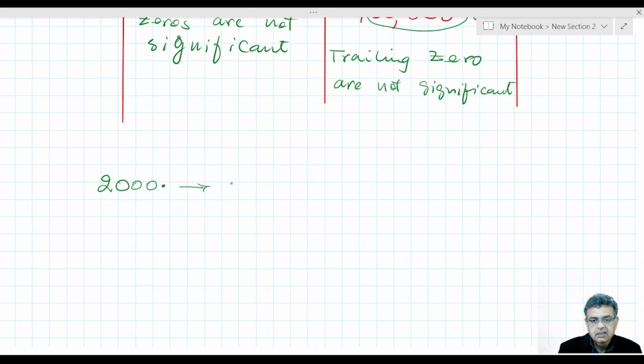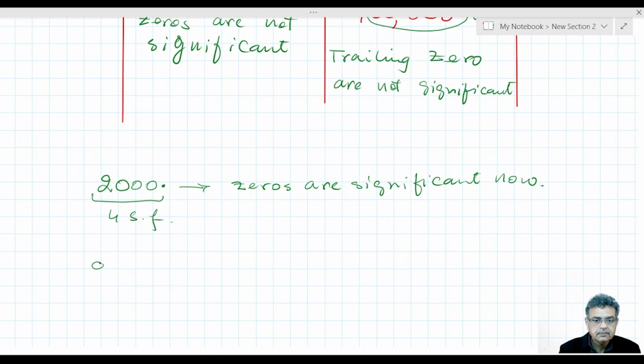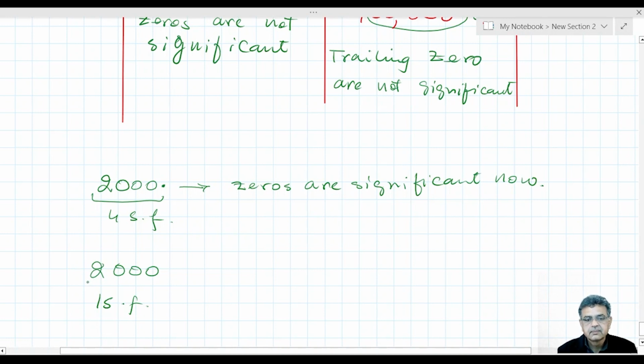Now zeros are significant now. That means this is now 4 significant figures. If it is written 2000 and there is no decimal at the end, then this is one significant figure, because trailing zeros are not significant.